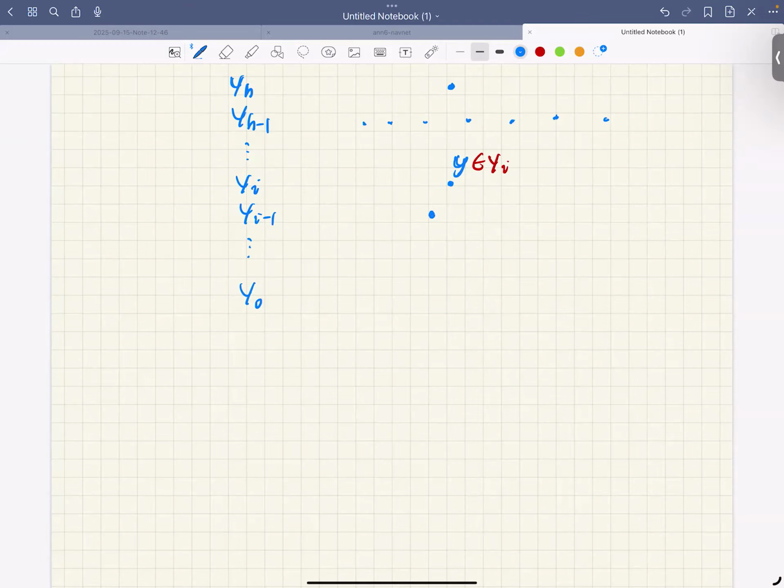Now you look at a point z, and this point z is from the next level, from Y_{i-1}. I have many y's at level i and many z's at level i-1, and I do not really have full connection. I will connect a y to a z only if the following condition holds: the distance from y to z is less than 7 times 2 to the power of i.